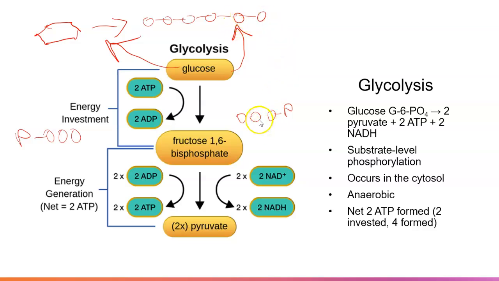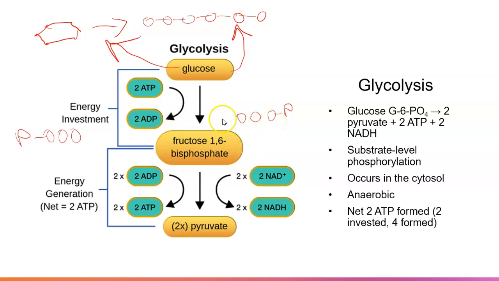So there's 3 carbons here, 3 carbons here, okay? In addition to that, those phosphates that we took off your ATPs and turned into ADPs, we took those phosphates and hooked them on those carbons, okay?